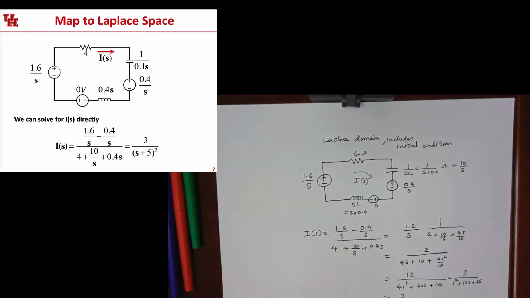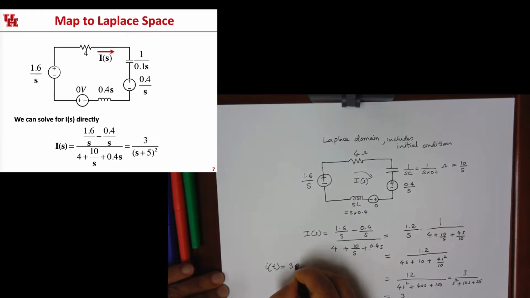Now I can calculate the inverse Laplace transform of this. It's going to be 3, and since this is 1 over S plus 5 squared, you've got S plus 5, so it is frequency shifted, so it's going to be e to the minus 5t. And this is going to be 1 over S squared, so it's going to be t u(t).